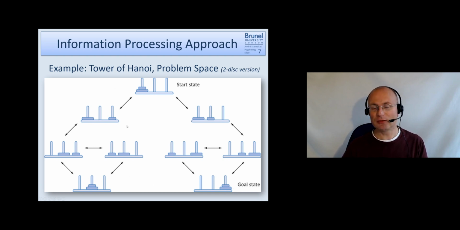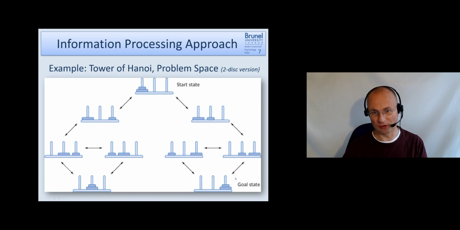So you see, this problem space describes all possible combinations, all possible states of the problem, and you may track what a participant is doing when they want to solve that. They may go here, get confused, go back, go here again, go back and forth, and maybe need 12 steps or something, although the fastest solution would be 1, 2, 3 steps.